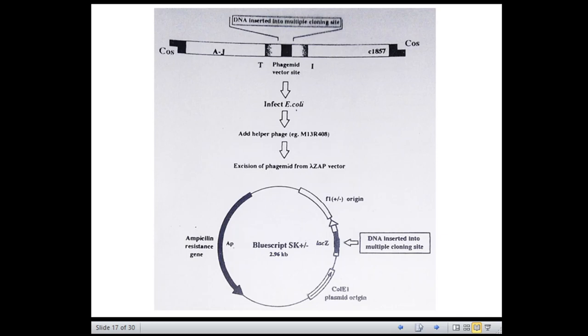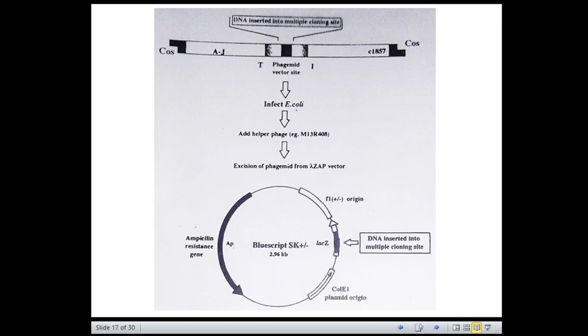Is that clear? So if you carefully observe the figure, there is a DNA inserted into the MCS, and then you have the phagemid vector site, infect the E. coli, add the helper phage, excision of phagemid. So this is about single-stranded DNA rescue of phagemid from lambda ZAP.